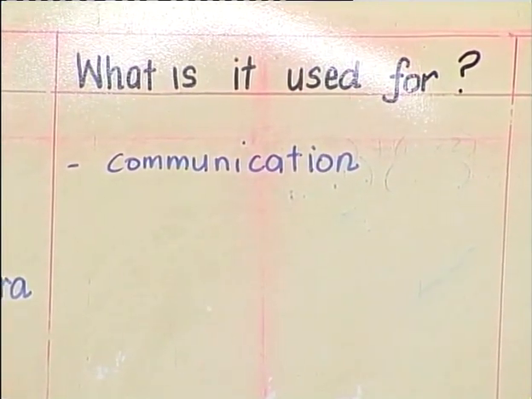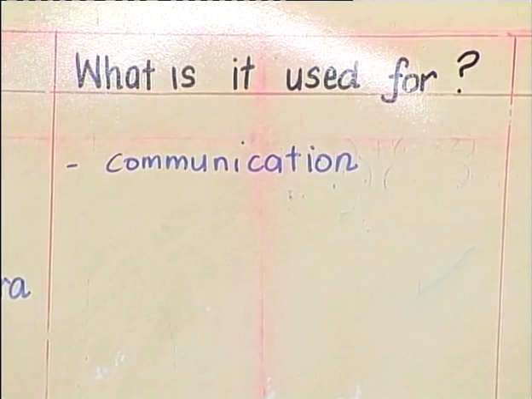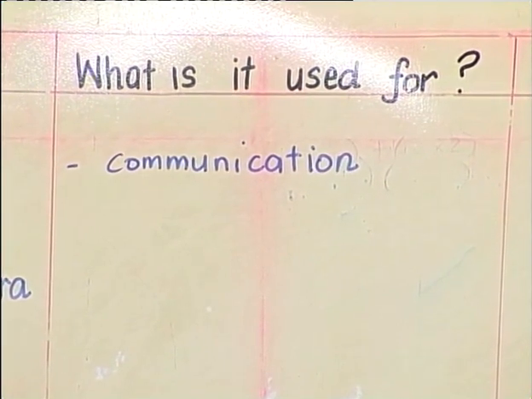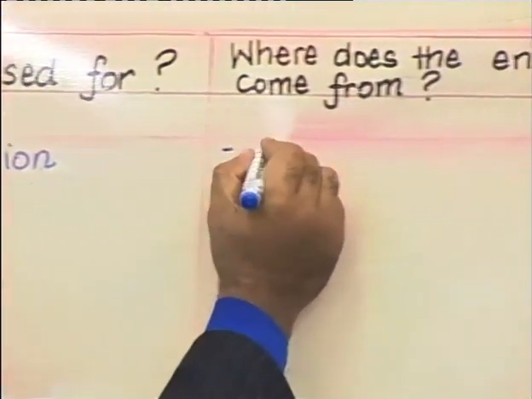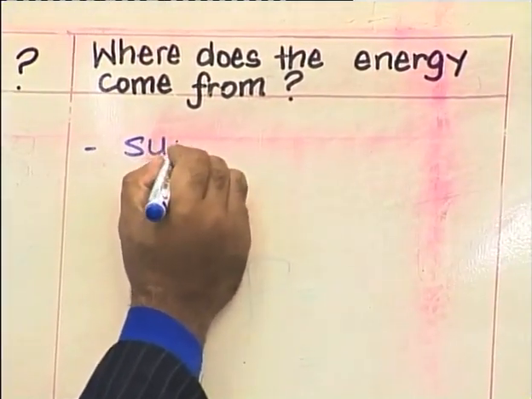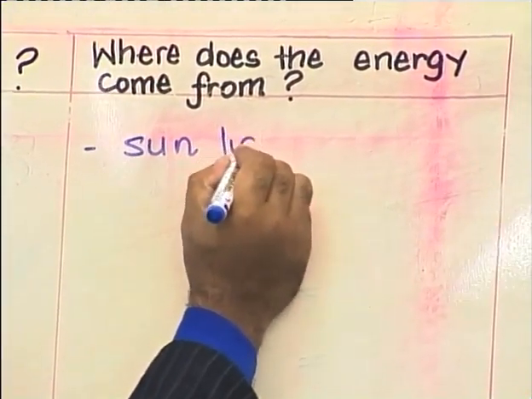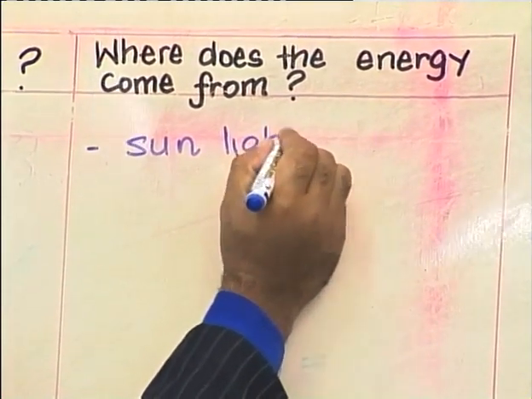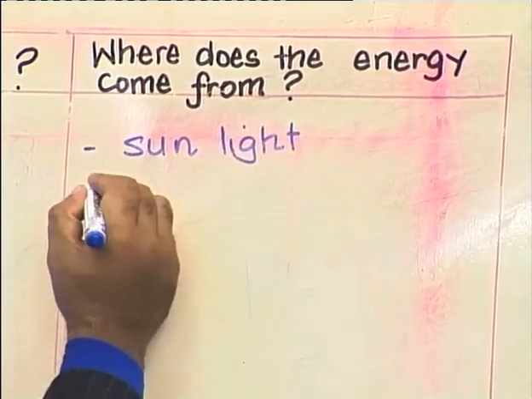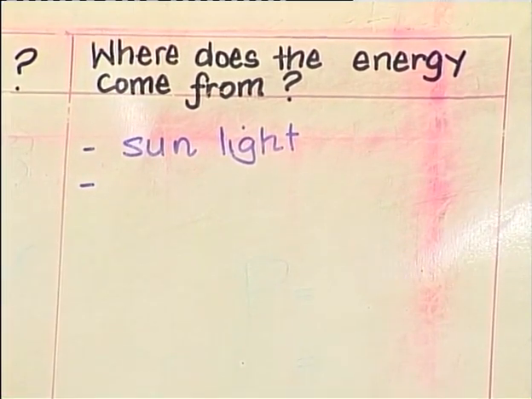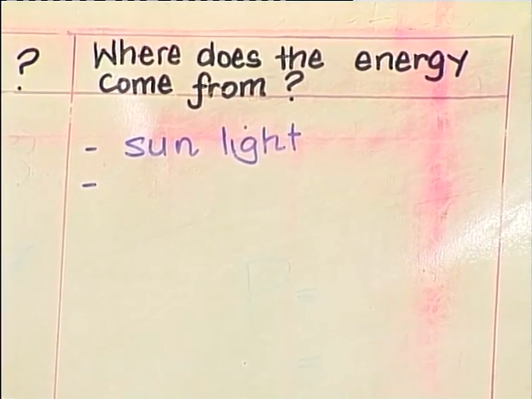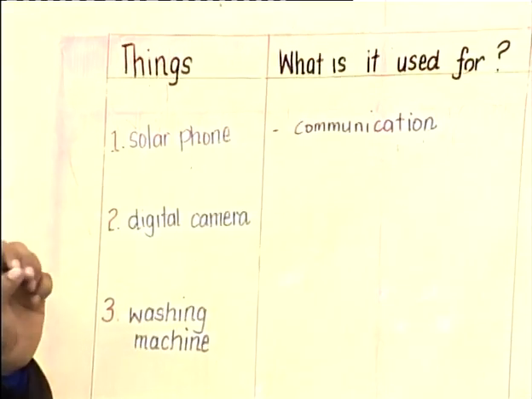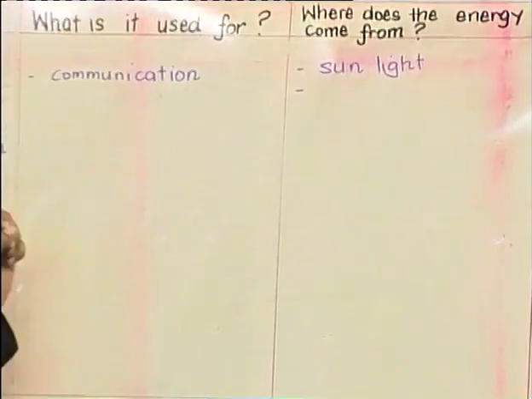Where does the energy come from? Sunlight. Very good, sunlight. Okay, solar phone, it doesn't work only on the sunlight, but also it has a battery in it. So we can also say batteries.